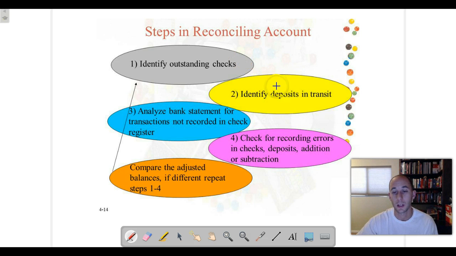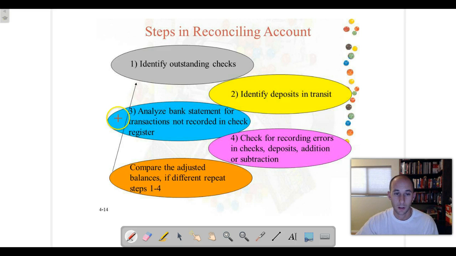Number 2 here is increasing it. We have some deposits or some checks that people have written to us, and we have put them into our checkbook side. We've recorded them there, but we have not recorded them with the bank because we have not deposited them yet. So we have to increase our bank statement side.